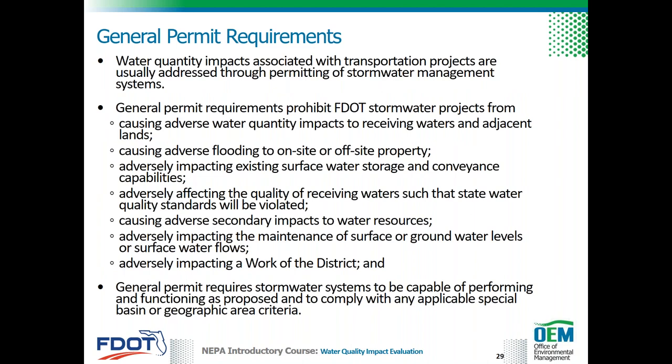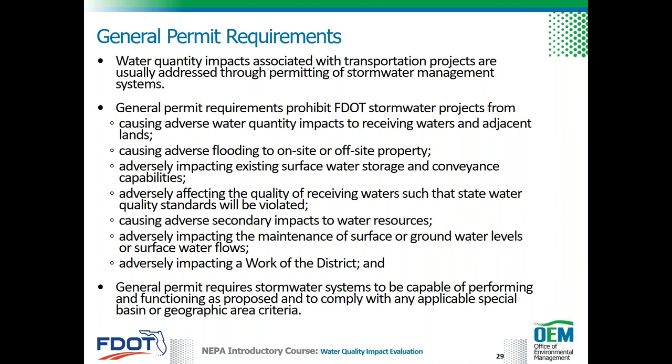General permit requirements prohibit FDOT stormwater projects from causing adverse water quantity impacts on receiving waters in adjacent lands, causing adverse flooding to on-site or off-site property, adversely impacting existing surface water storage and conveyance capabilities, adversely affecting the quality of receiving water such that state water quality standards will be violated, causing adverse secondary impacts to water resources, adversely impacting the maintenance of surface or groundwater levels or surface water flows, and adversely impacting the work of the district.